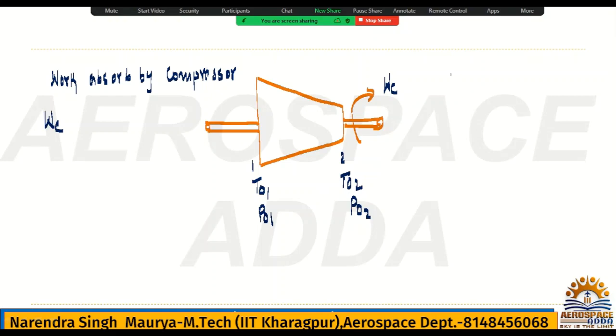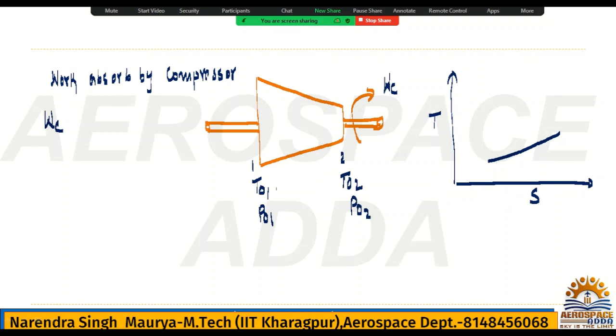And if I draw the TS plot, in the previous lecture I had drawn the TS plot for all components, and now one by one I need to draw here. Now I will draw for the compressor. So I can take two pressure lines in the TS plot.